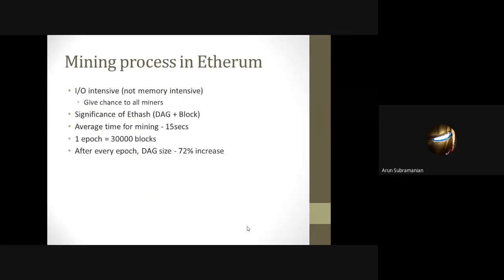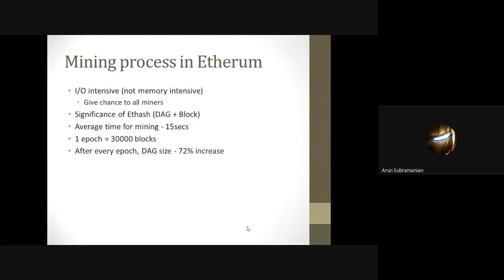The block creation is the mining process, where all nodes compete together to form a block. Here it is a bit different compared to the Bitcoin blockchain. It is IO intensive. How can we say it is IO intensive and not memory intensive?